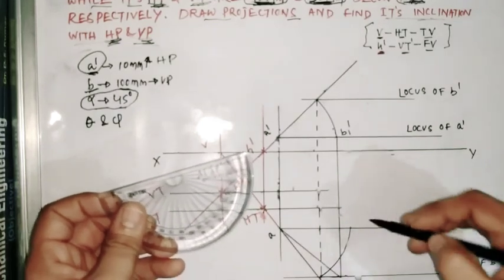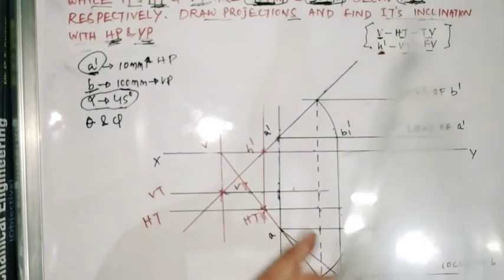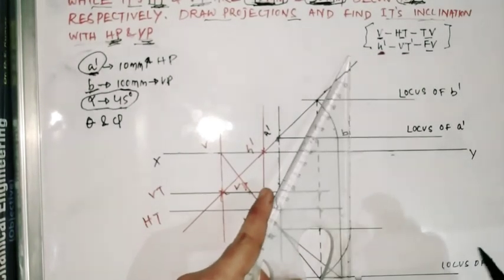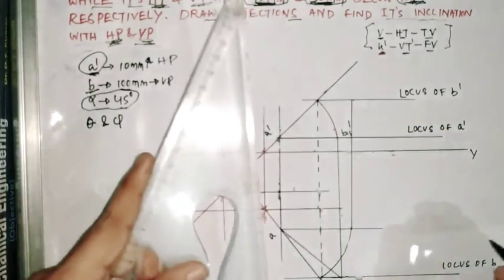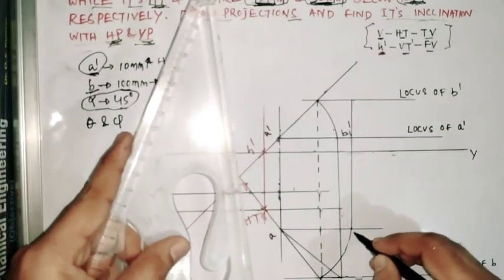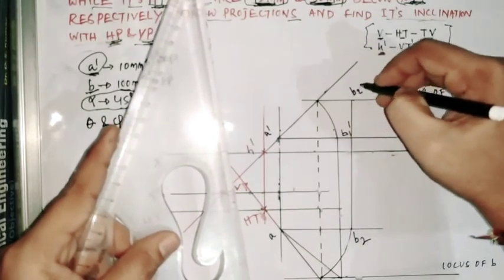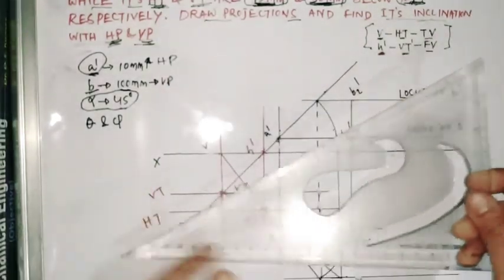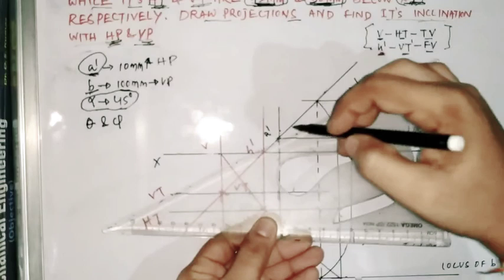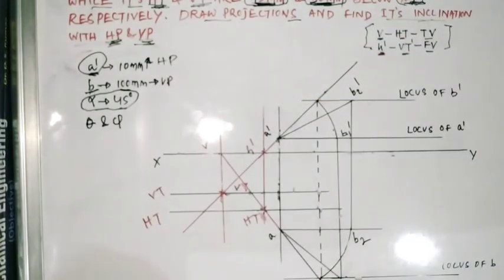Now I can extend this line and join over here. When I join, I get this line. I can name this one B2, and this B2 dash. Then after getting this, I can join these two, and this will be my true length. Approximately we'll be getting it like this.